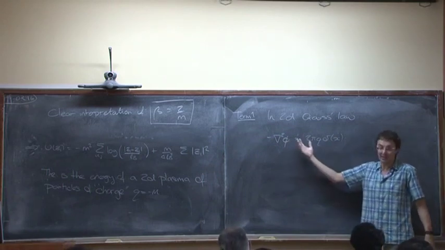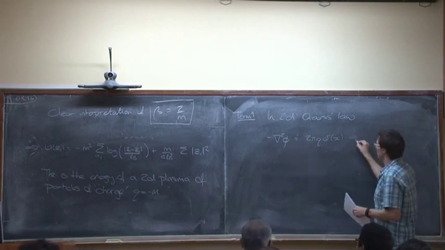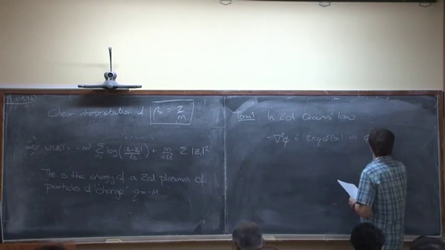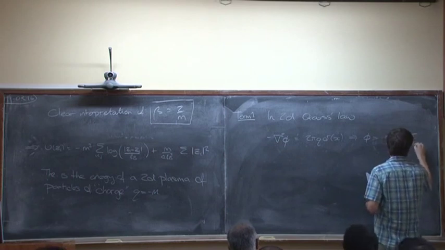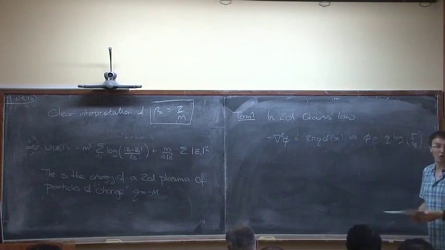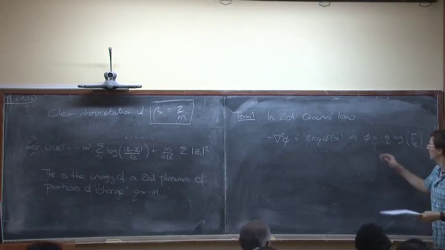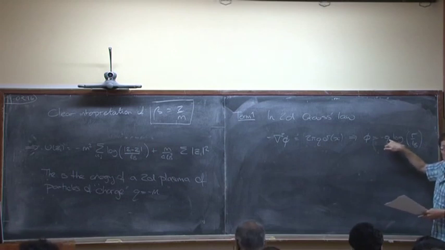This is Gauss's law in any number of dimensions, just 2. But if I solve it in 2 dimensions, meaning this is a 2D Laplacian, not a 3D Laplacian, then the solution is a log, as opposed to a 1 over r in our world, which means that this is the electrostatic potential for a particle of charge q.